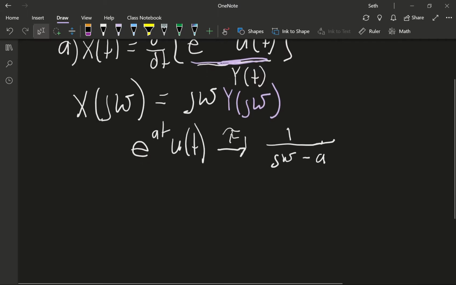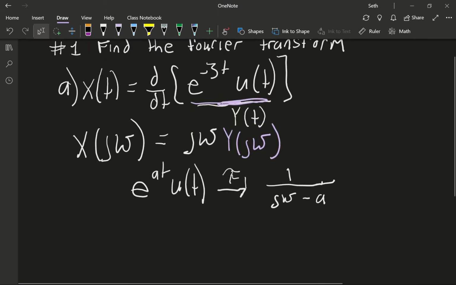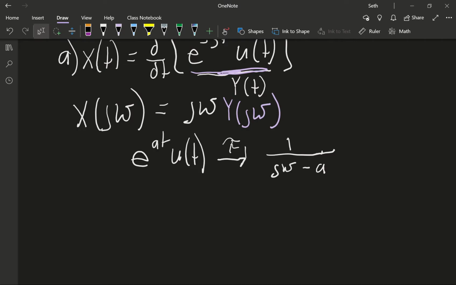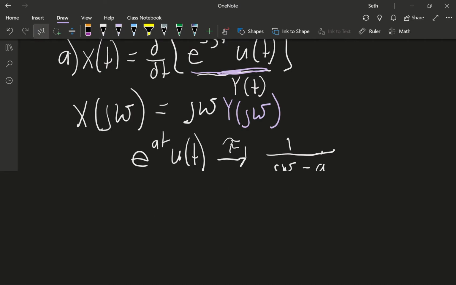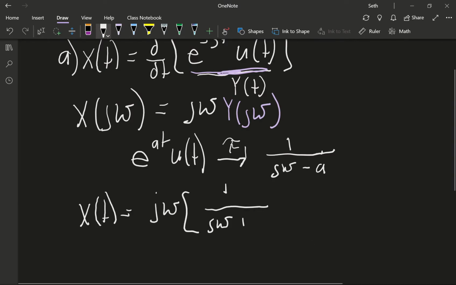Okay, so using this transform guide, we're just going to get X(j omega) equals j omega times 1 over j omega plus 3. In this case, a is minus 3, so we get plus 3. And that's the final answer.